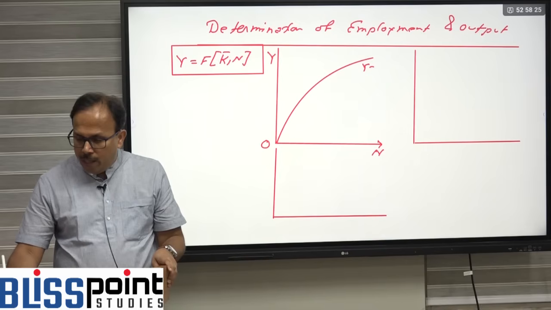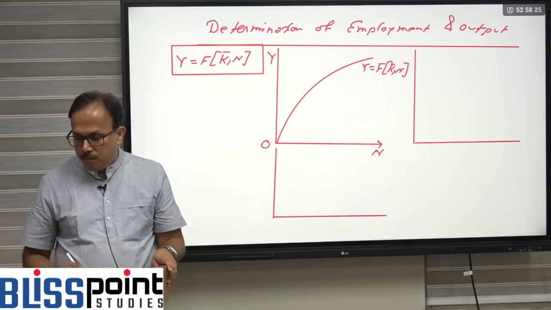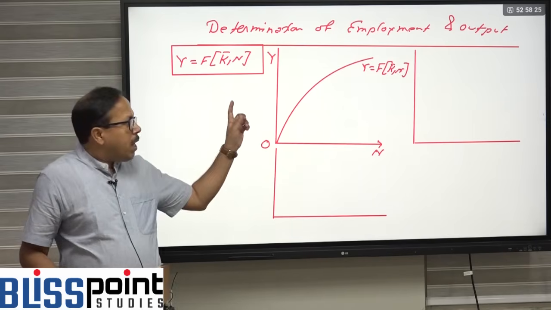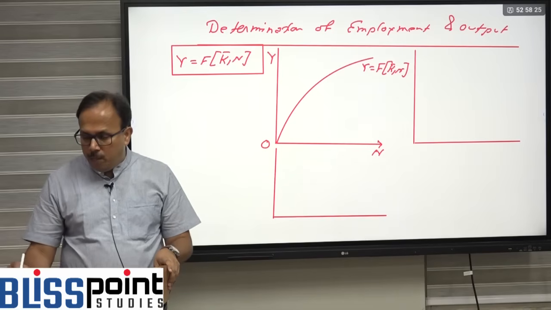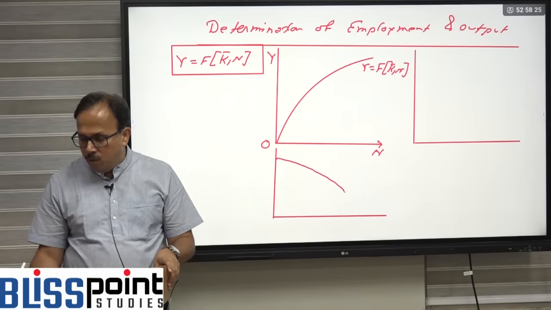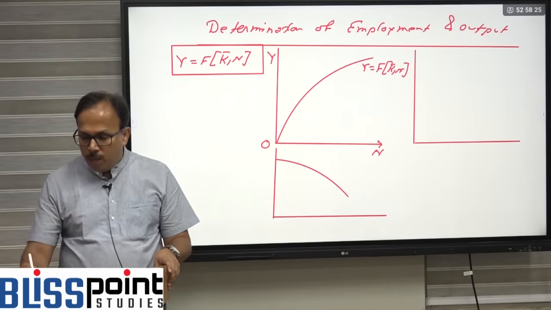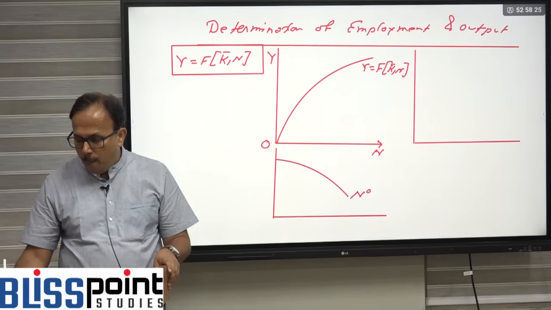So it is Y as a function of capital and employment of labor, where capital is constant. From that production function you derive a labor demand curve, which is negatively sloped. Which line is the labor demand curve? MPN. So labor demand is MPN.